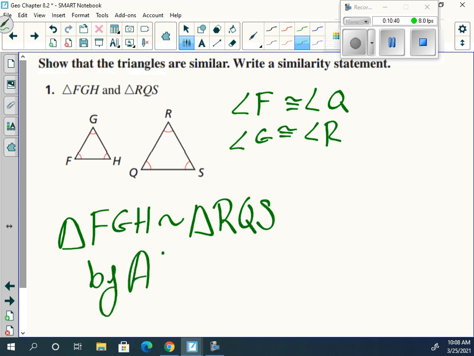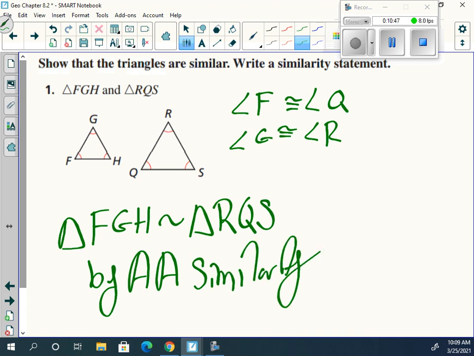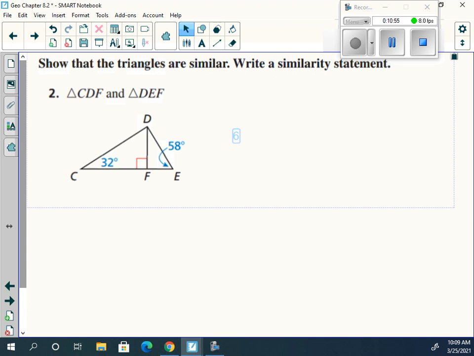This is by angle similarity. Any questions on any of these here so far? Do you feel comfortable with these here? Yes? Okay.